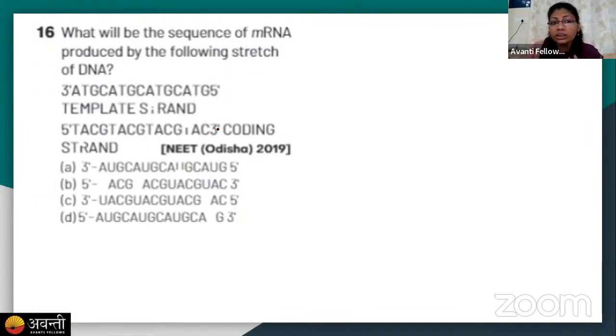As we know, during transcription, the template strand is used for the synthesis of RNA. So you have to give your answer through this poll. Out of the given four options, which sequence is correct for the complementary RNA?